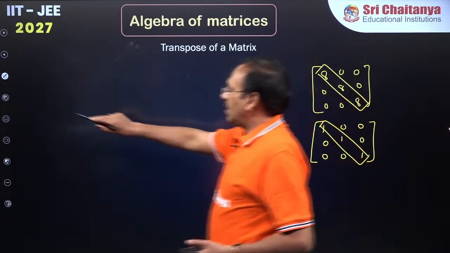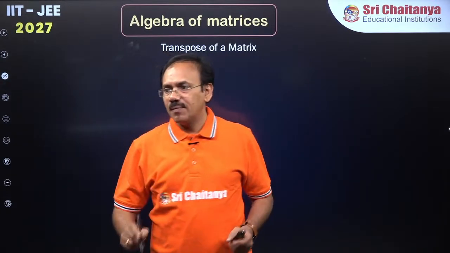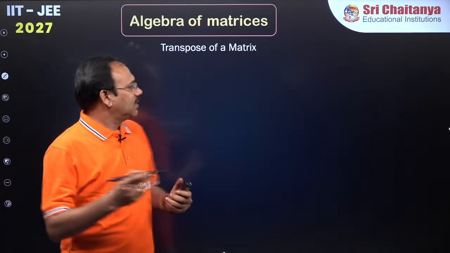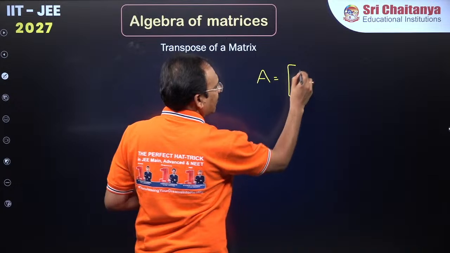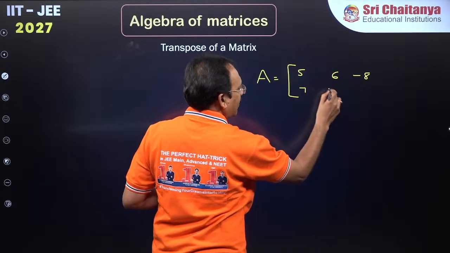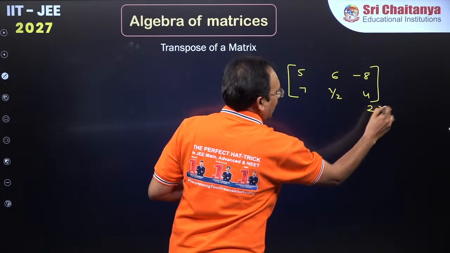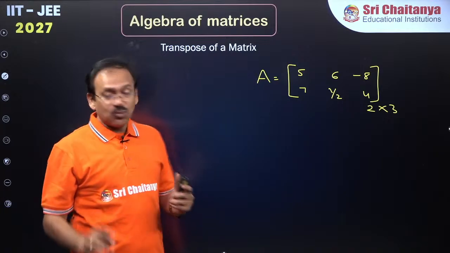Now, we shall go to the point. Today's point number 1, dear students: transpose of a matrix. Suppose A is a 2 by 3 matrix given by 5, 6, minus 8, 7, 1 by 2, 4. A is a matrix of order 2 by 3.